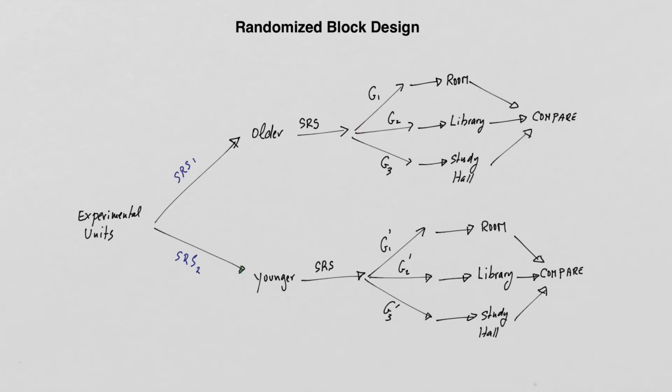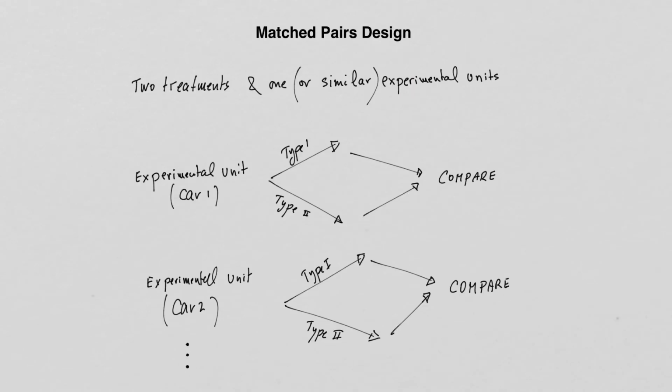In here, group 1 did not receive all the 3 treatments or 2 of them. Each group received 1 treatment. In here, it's different. The same experimental units receive both treatments. So here is an example. Let's say you want to know which type of gas is better for cars.